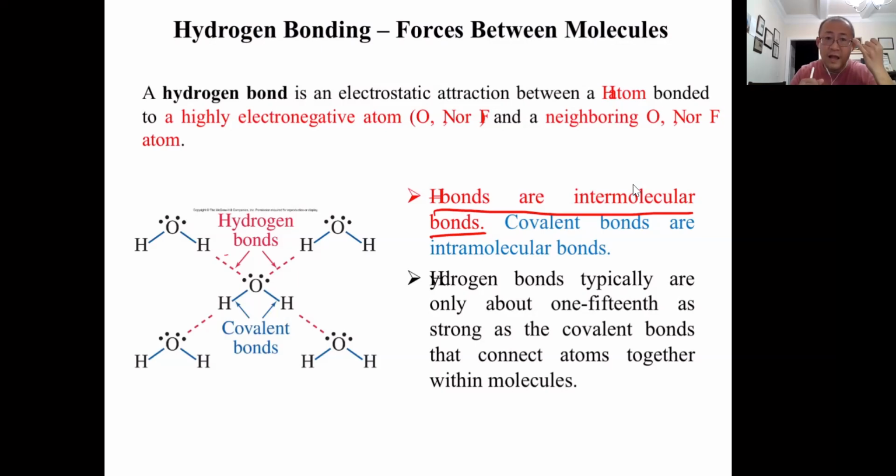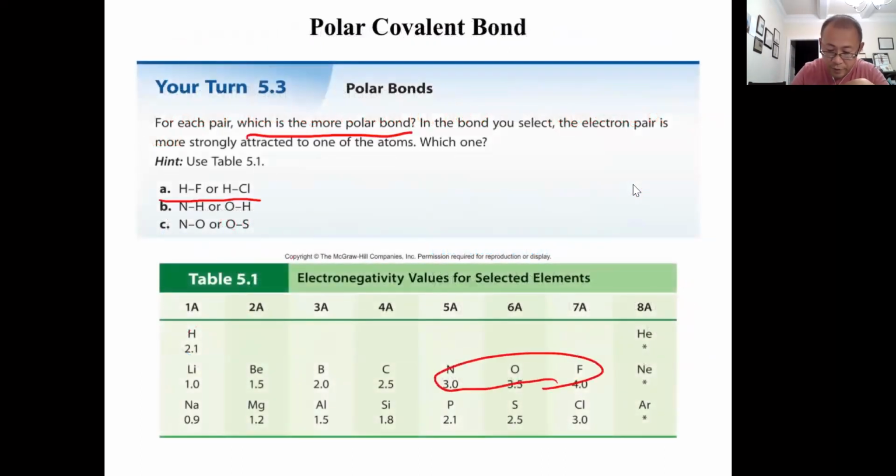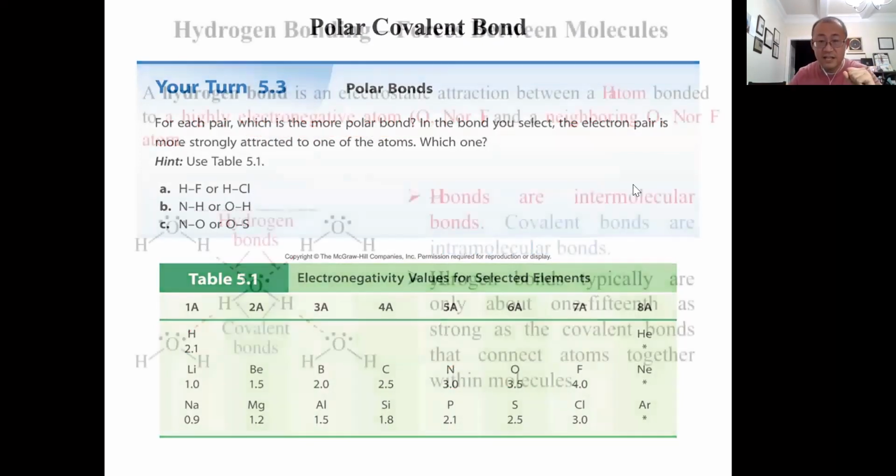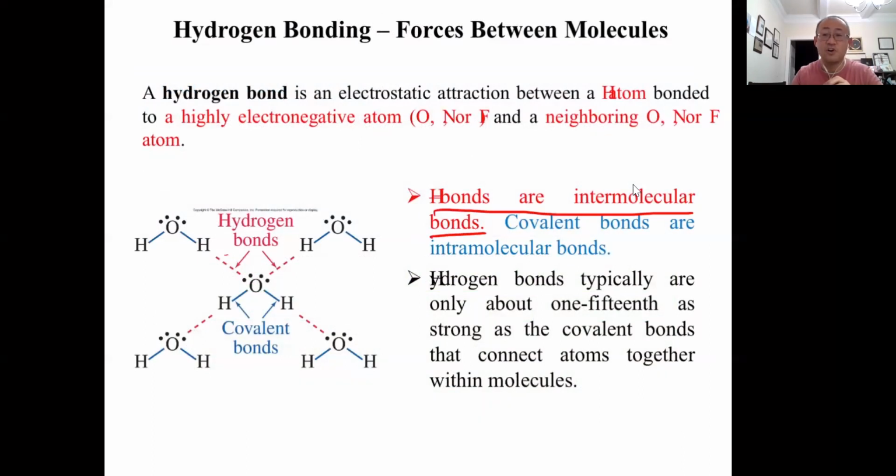Remember, oxygen, nitrogen, and fluorine are small, highly electronegative atoms. If that's the case, we have a special term called hydrogen bonding. Hydrogen bonding normally is not as strong as a covalent bond because they're intermolecular bonds across different molecules, but they're relatively strong compared with other types of molecular interactions.